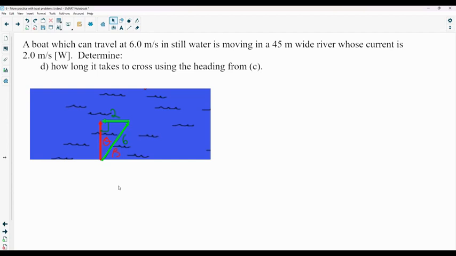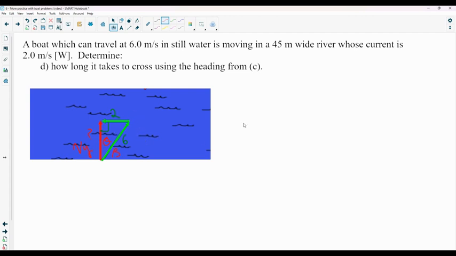So the vector that is moving us across the river, our actual velocity in the y direction, is this one right here, the red one. That's the one that's going to get us across the river. That's the x component of our heading in this case. It's our resultant vector. So that's the one we want, but we don't actually know what that is, right? We know we can say that's our velocity in the y direction, but we don't know what the value is.